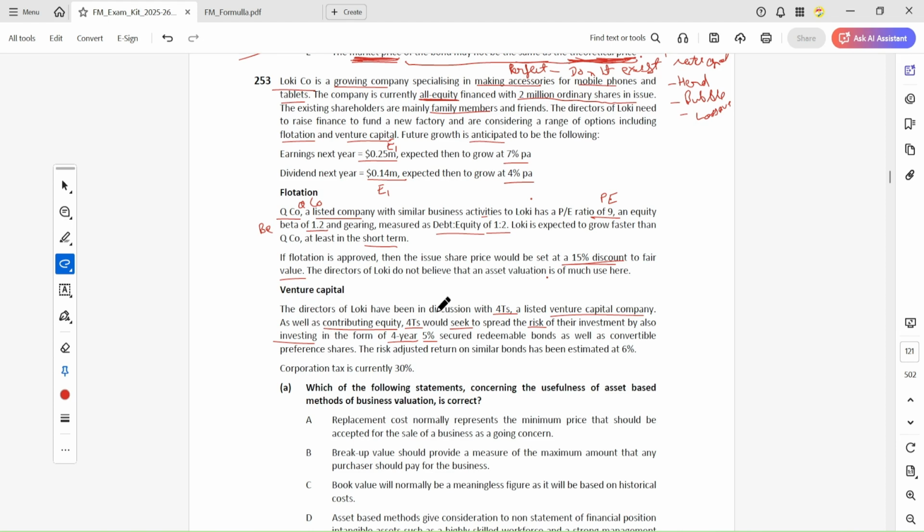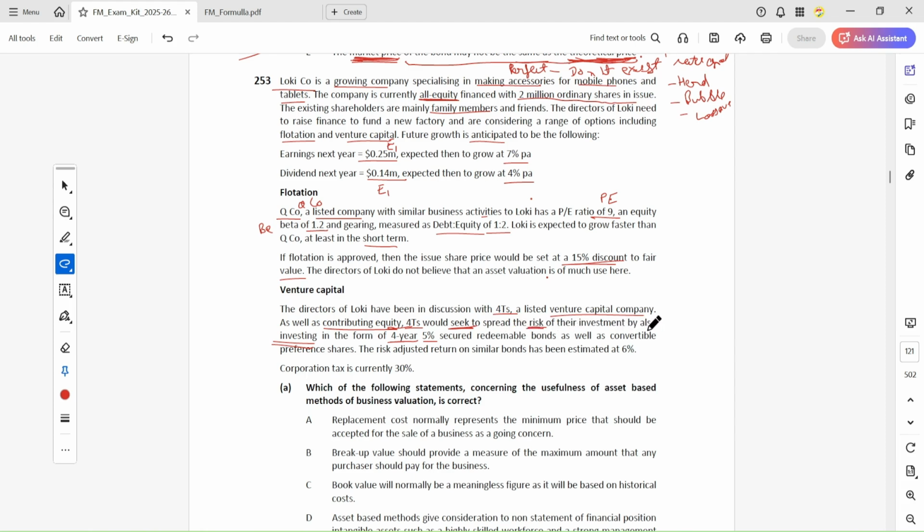So the directors of Loki have been in discussion with 4O, a listed venture capital firm. As well as contributing equity, 4O would seek to spread the risk of their investment by investing in the 4-year 5% secured redeemable loan note.